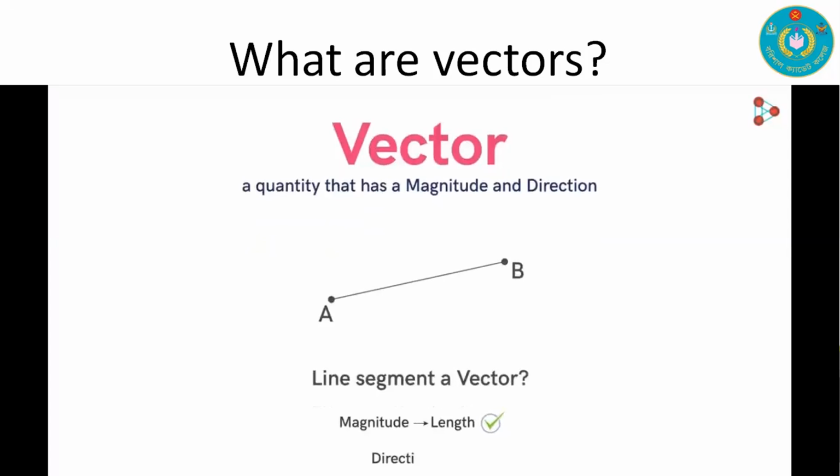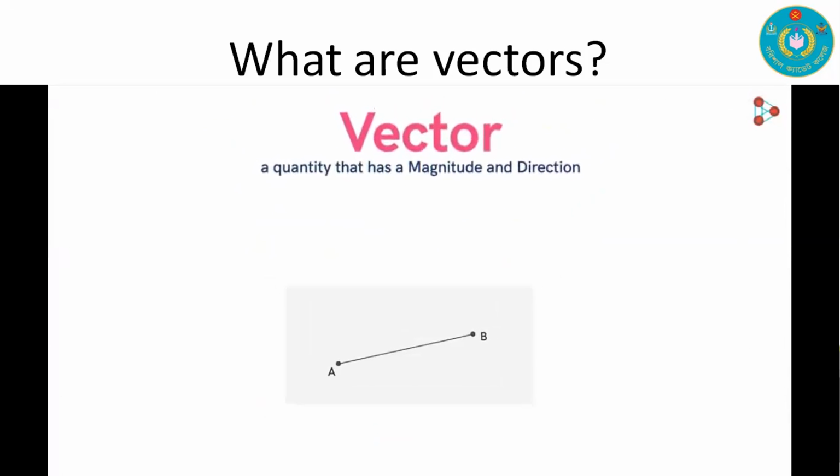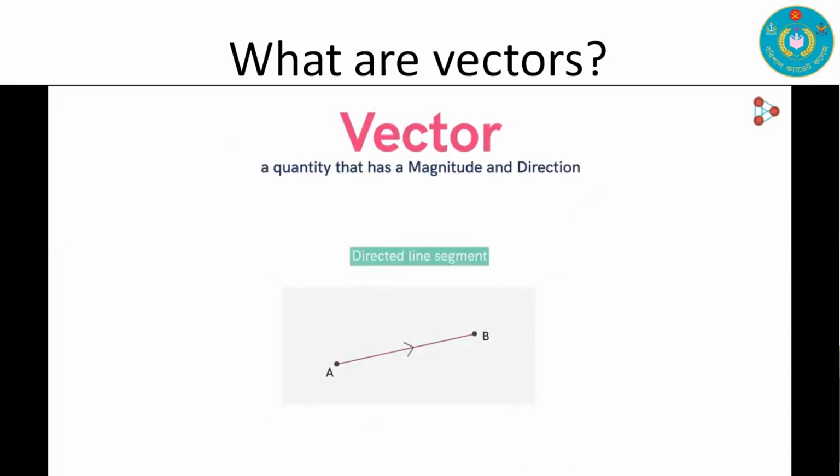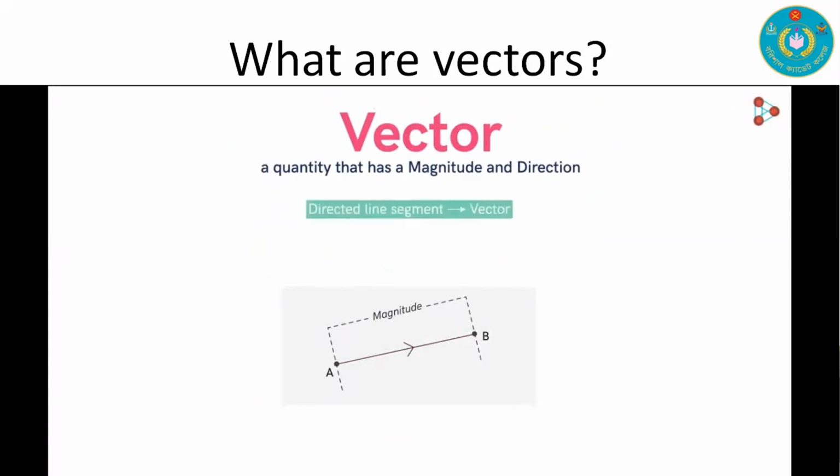Here, from A to B, it shows only the length, not the direction. If it is directed with an arrow, then you can call it a vector, because the direction is from A to B and the line segment shows the magnitude.